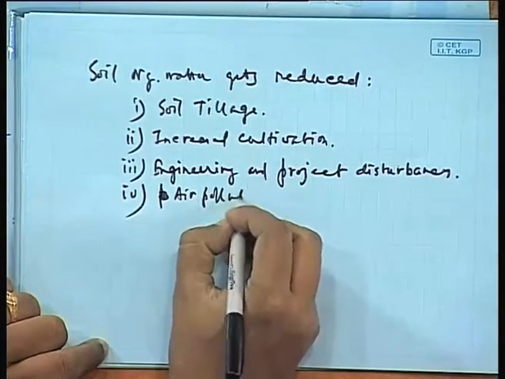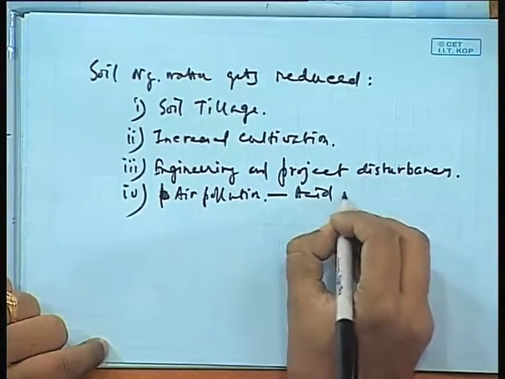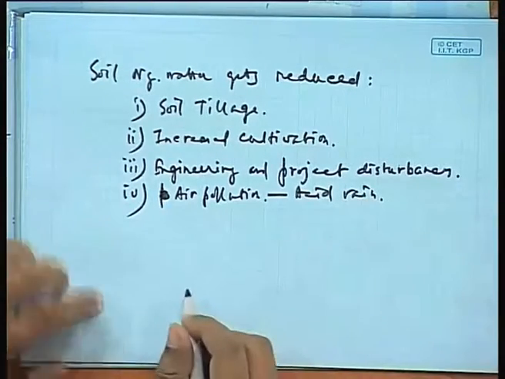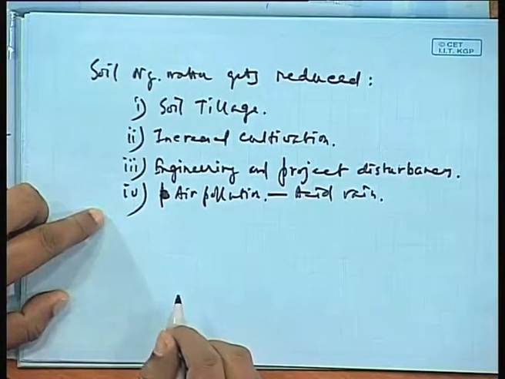If you remember the acid rain that we did, acid rain is another important reason why the soil organic matter gets reduced.